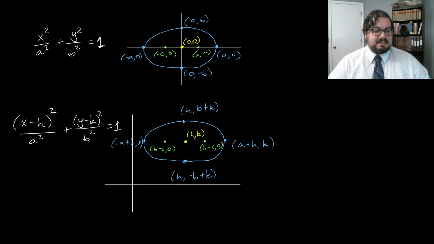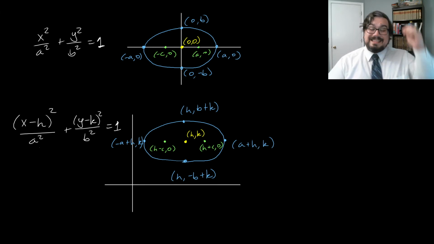So this is the equation, x minus h squared over a squared plus y minus k squared over b squared equals 1. This is the equation of an ellipse that is centered somewhere other than at the origin.